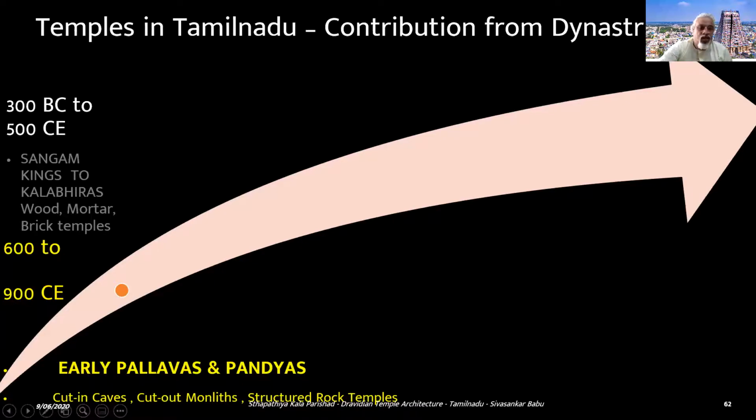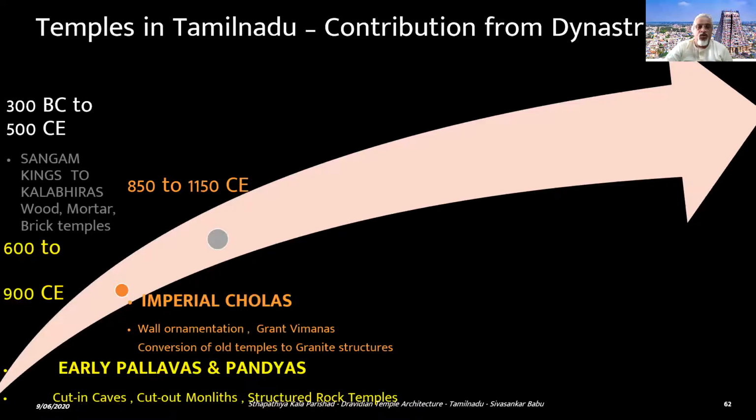So if you see the early Pallavas and Pandyas, they excelled in cutting caves, monoliths and structured rock temples from 600 to 700. This was followed by the imperial Cholas, 850 to 1150, who did very well ornamented grand temples, with their focus on building larger and bigger vimanas.